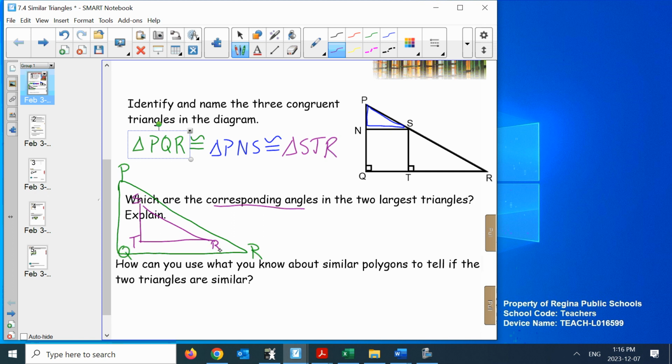When I do it like this, it's pretty easy to see which is corresponding. So that'll be our explanation here. I'm going to say that angle P corresponds to angle S.